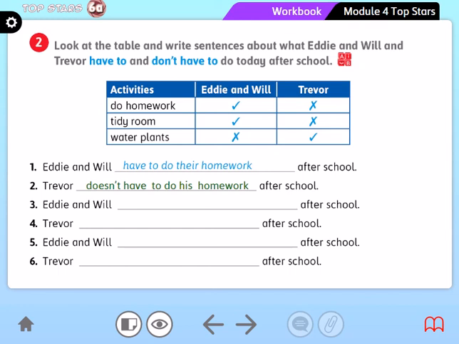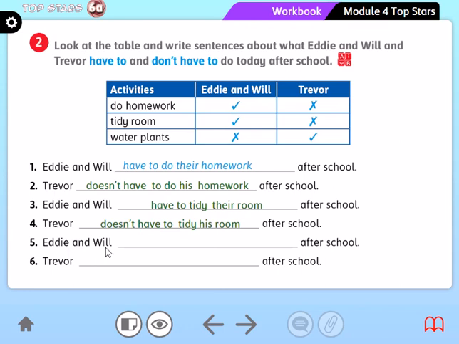Eddie and Will after school. Let's go to Eddie and Will. Tidy room. Yes, they have to tidy their room. Very good. Trevor X. Trevor, very good, doesn't have to tidy his room.